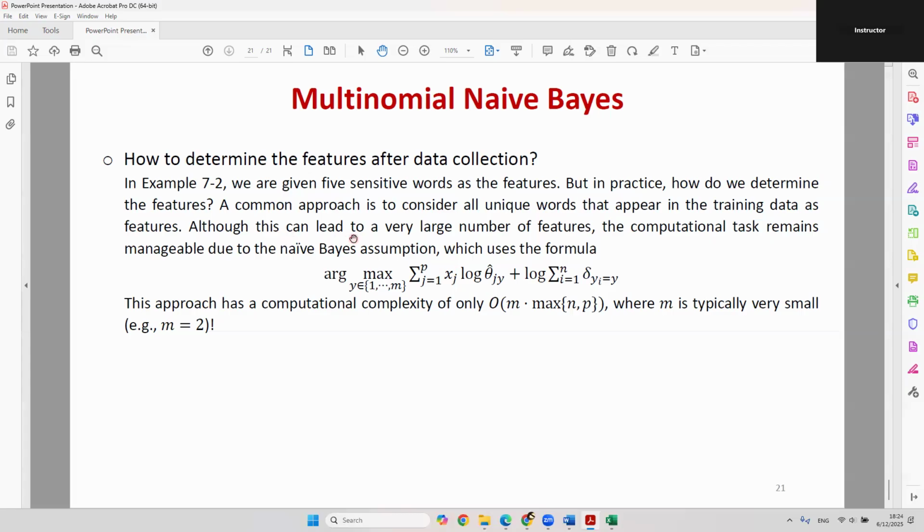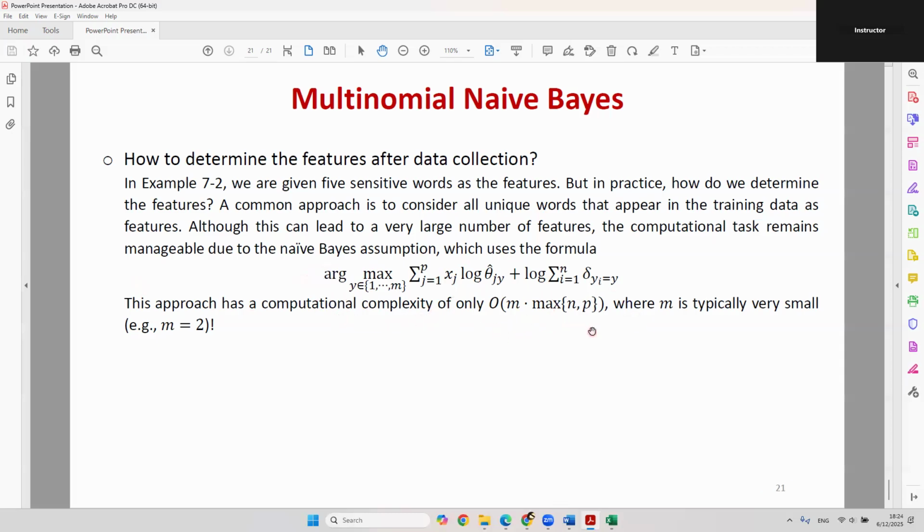People may argue that this will lead to a very large number of features. True. However, the computational task is very manageable. Why? Because after the logarithm and after the naive Bayes assumption, the computation here is super simple. Here I even listed the computational complexity.